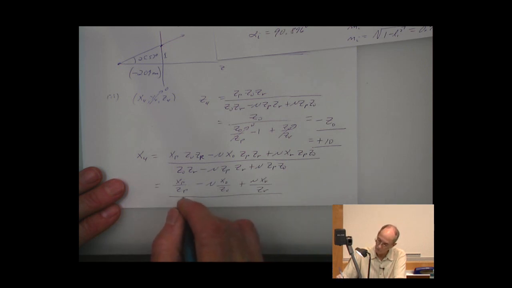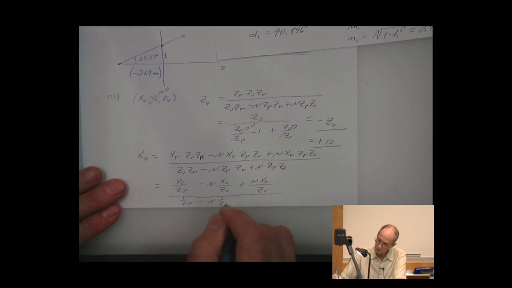And so here I have 1 over zp minus mu 1 over zo plus mu 1 over zr. So again, these go to 0.